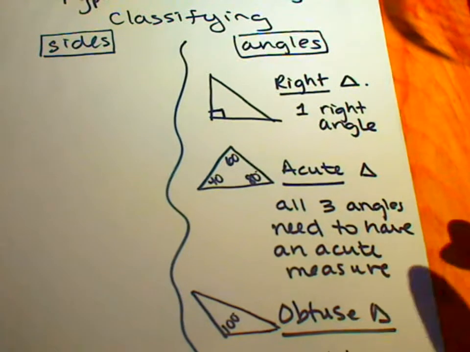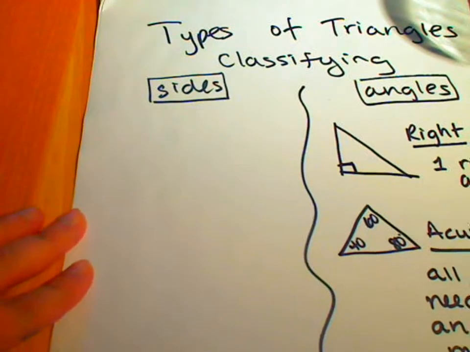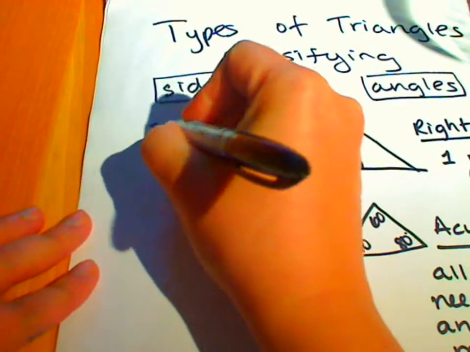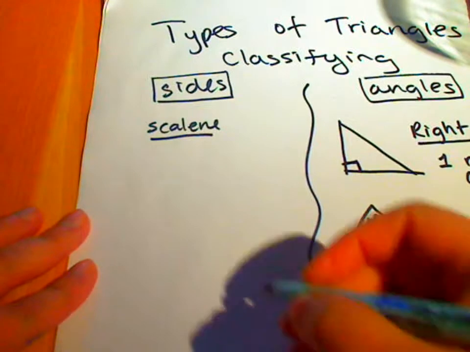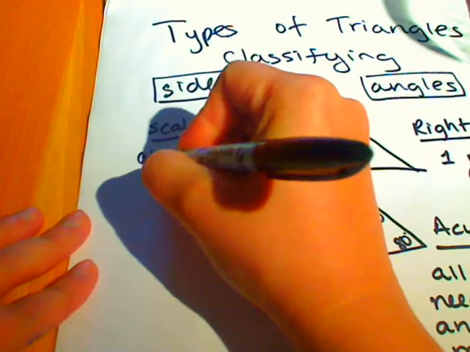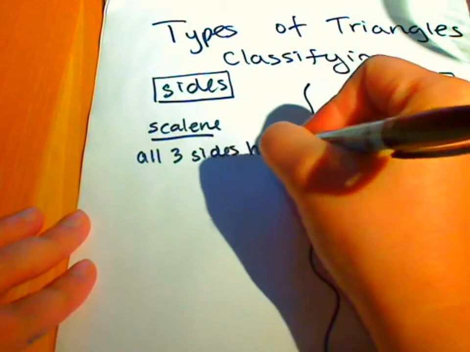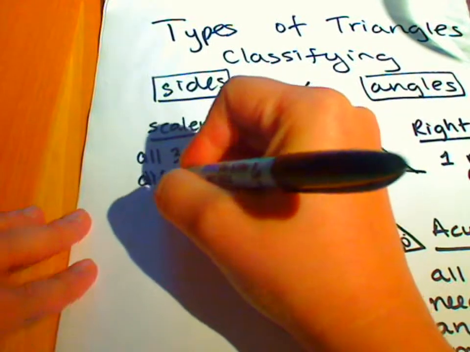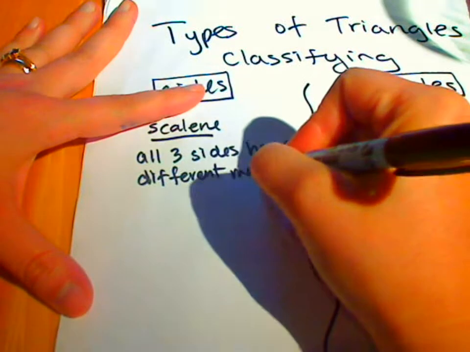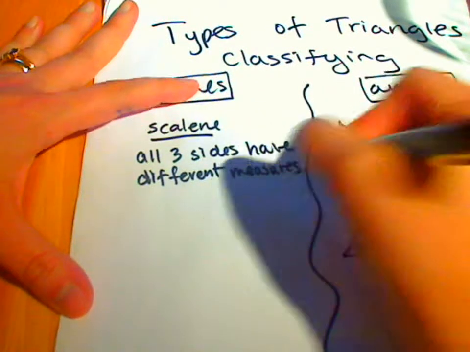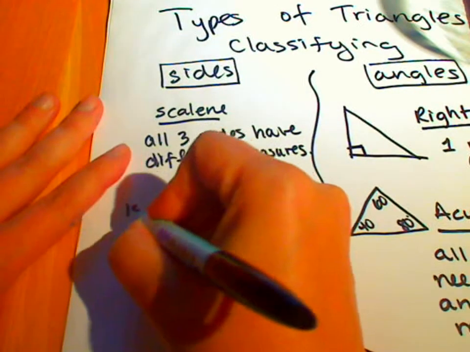Now, based on its sides, there are some different definitions. A scalene means all three sides have different measures. You can have an isosceles.